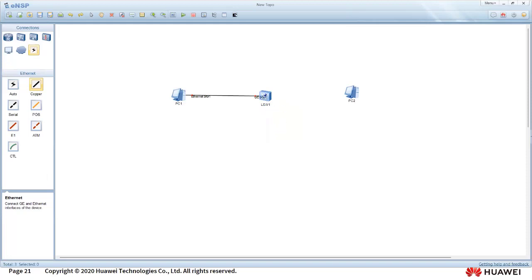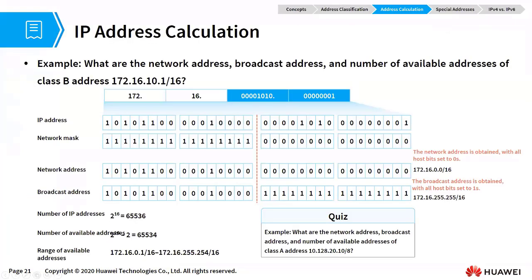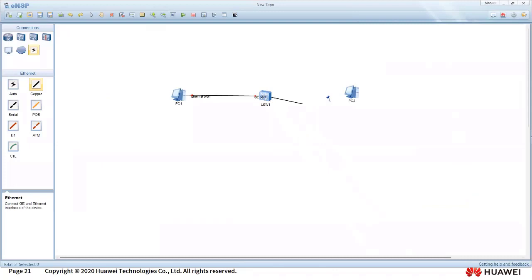Connected PC1 to gigabit ethernet 0/1 and PC2 to gigabit ethernet 0/2. And then I'm going to start up this topology. If anyone has a question at this stage, please feel free to ask as I finish this up.